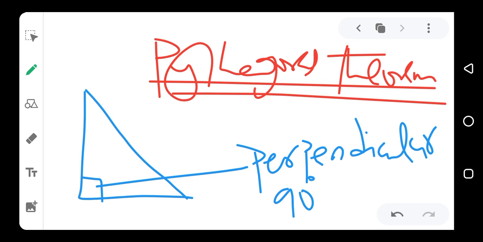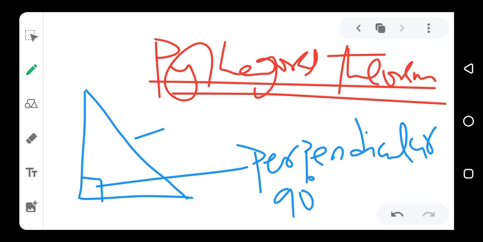This is a right angled triangle, in which one of the angles is 90 degrees. The side that is facing the perpendicular sign, the angle 90 degrees, is called the hypotenuse.